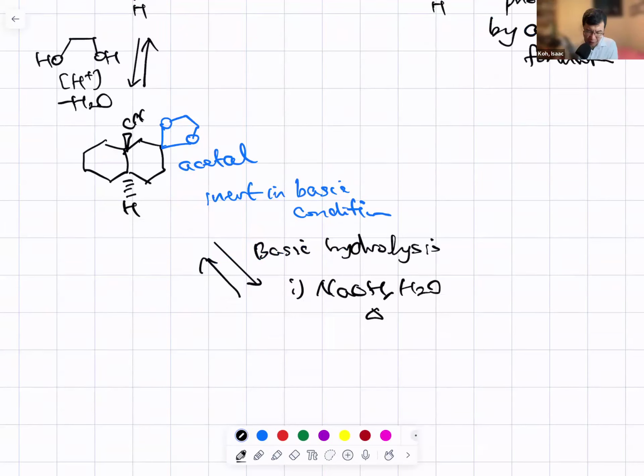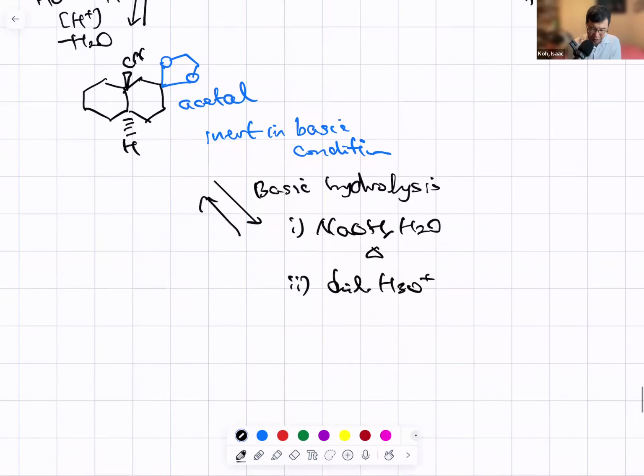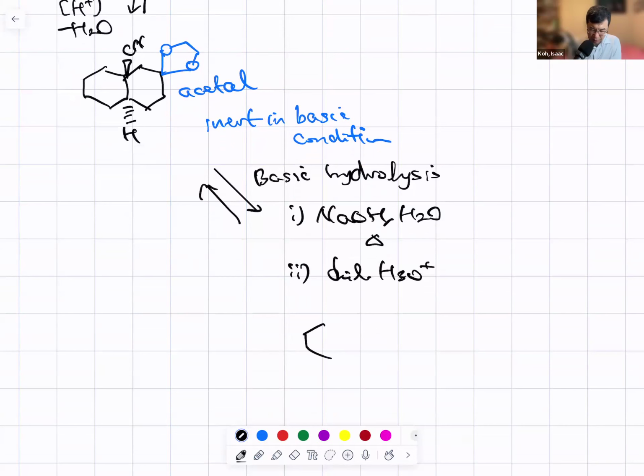very stable. Nitrile is a stable compound, followed by dilute acidic workup. So the acetal is intact, it is preserved. Then this is turning into a carboxylic acid.